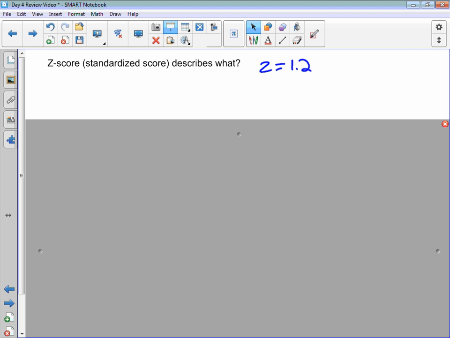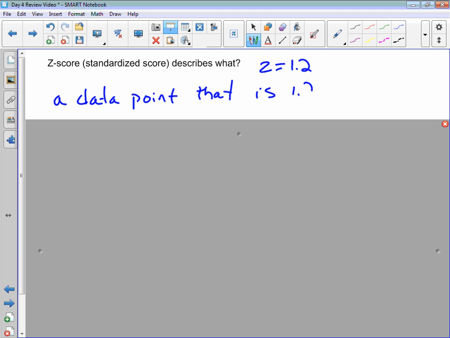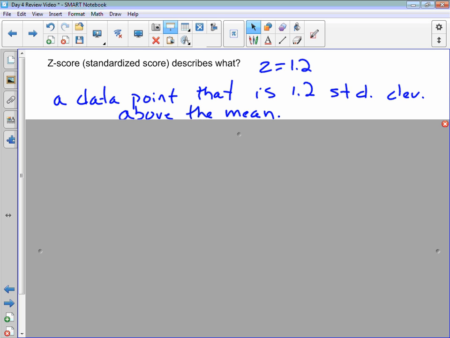Okay, now that you have your answer, we would say a z-score of 1.2 represents a data point, or a datum, that is 1.2 standard deviations above the mean. Remember that z-scores do not have units. There's no feet, there's no centimeters. It is just the number of standard deviations above the mean.